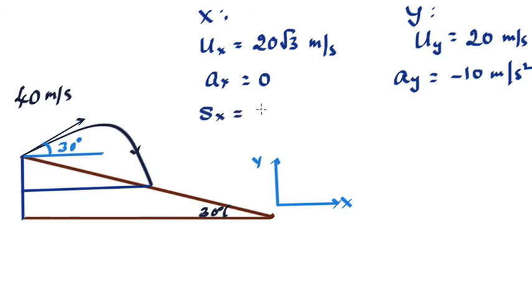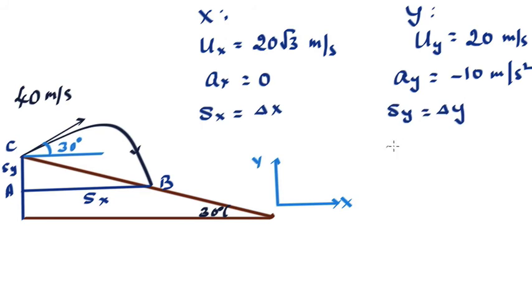Sx by definition is the change in the x coordinate, which is from A to B. And Sy is the change in the y coordinate from C to B. We have to be careful here. Notice that since we have taken up as positive, Sy is a negative number. That is, the change in the y coordinate is negative.